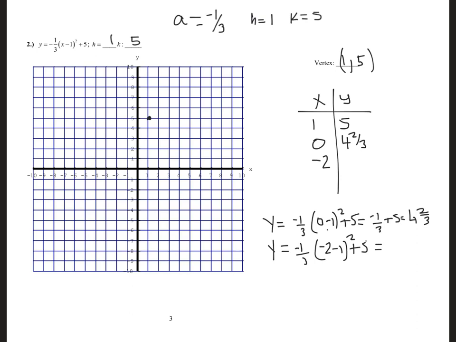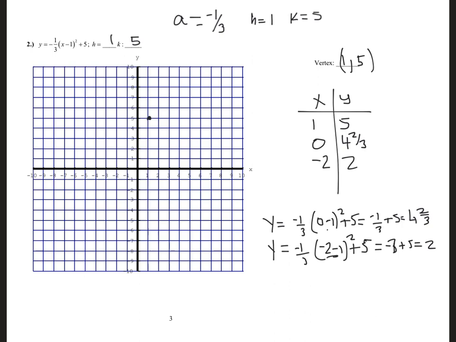So this becomes -3, and this is negative 1 squared. So negative 1 times 9 over 3, because that's 9. So negative 3 plus 5. So we get positive 2.